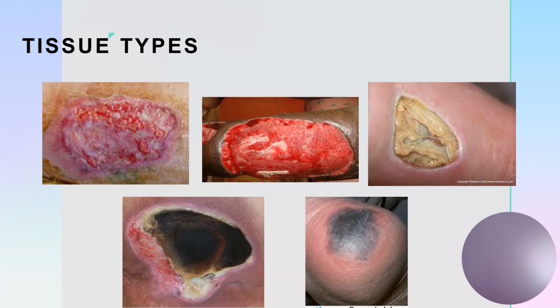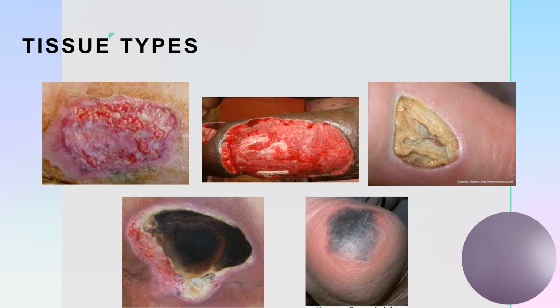So I would say this wound itself was probably, let's say 85% eschar between, let's say 10 o'clock and 5 o'clock.